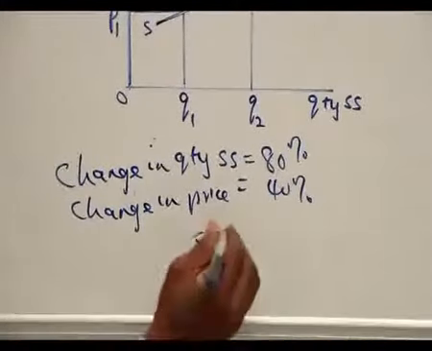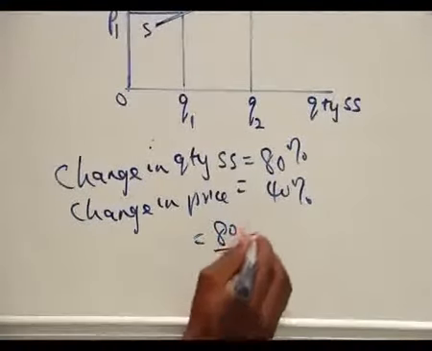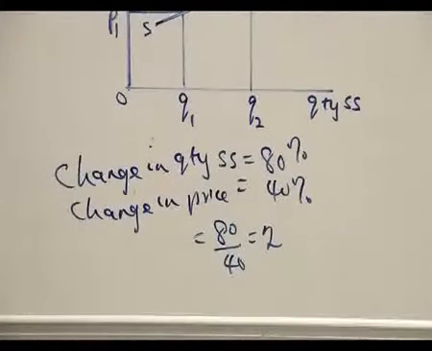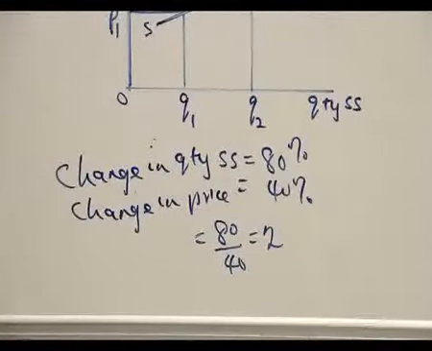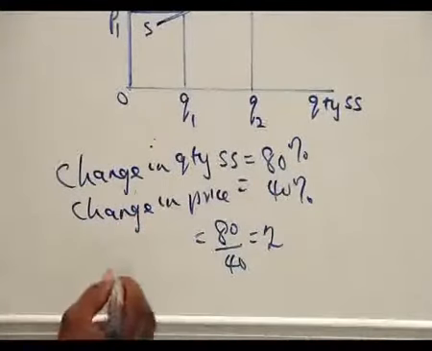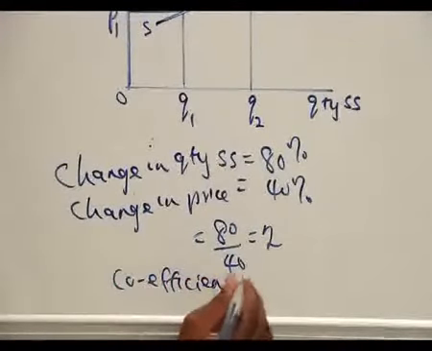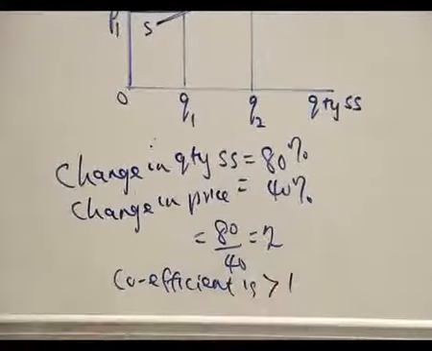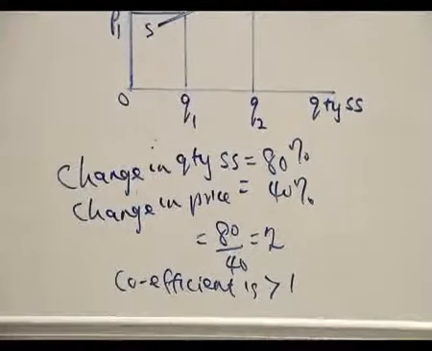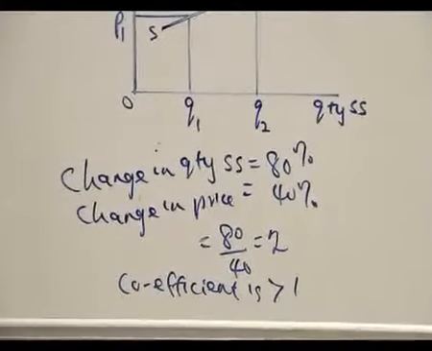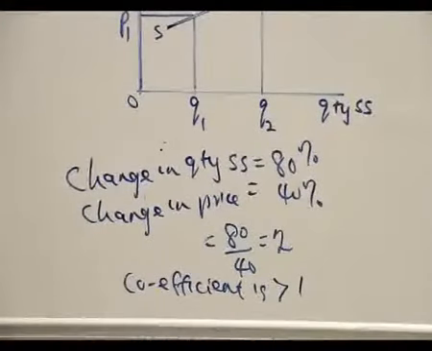The change in quantity supply, 80, divided by change in price, 40, equal 2. This is what we call elastic supply, because the coefficient is greater than 1. Whenever the coefficient is greater than 1, it implies elastic supply, which is defined as change in quantity supply greater than change in price.